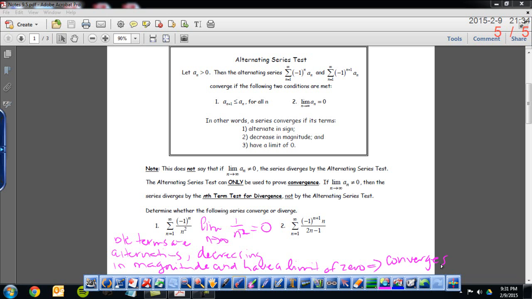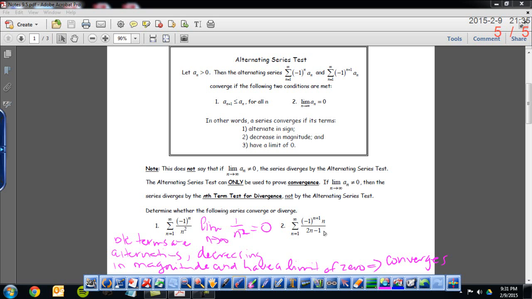And I apologize, but for the alternating series test, I want you to write out those 3 things. The terms are alternating, decreasing in magnitude, and have a limit of 0, and therefore it converges. So I apologize that you have to write all that out, but that's what I want you to do.